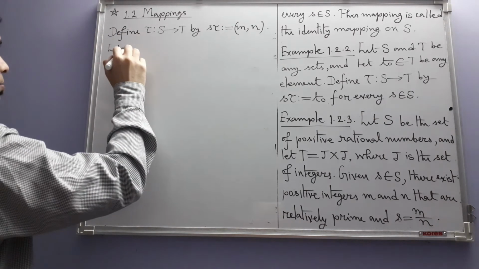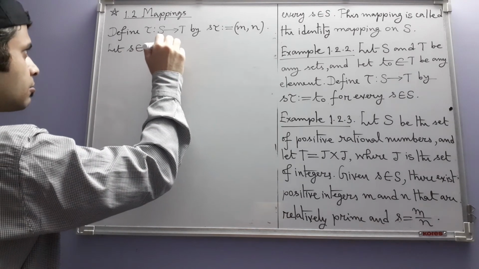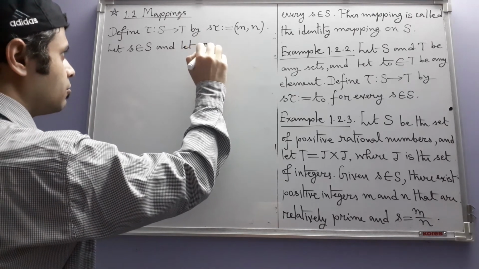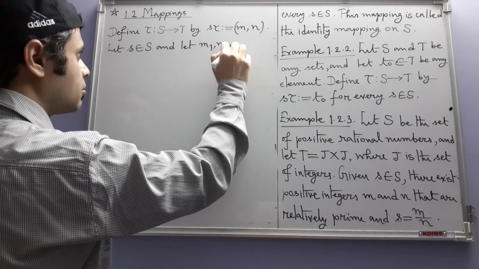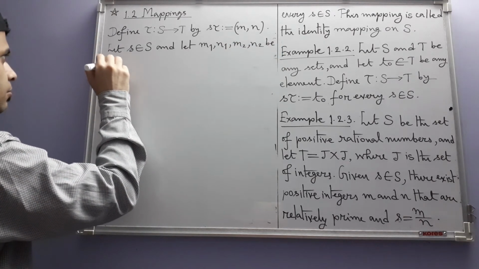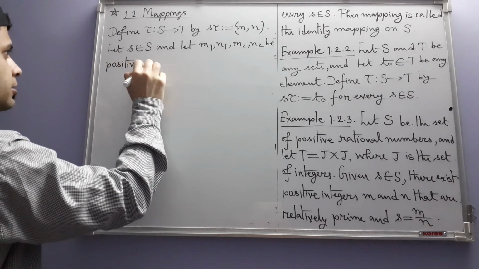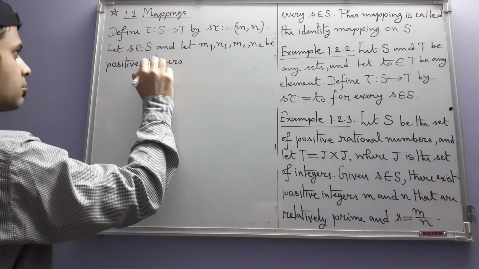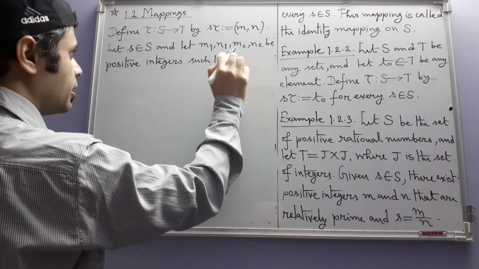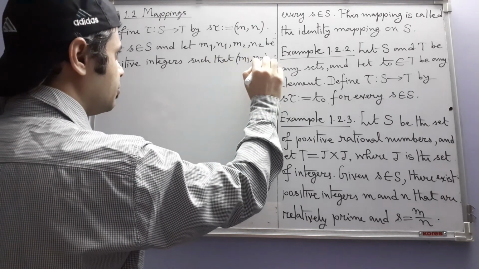Let s belong to S, and let m1, n1, m2, n2 be positive integers such that m1 and n1 are relatively prime.